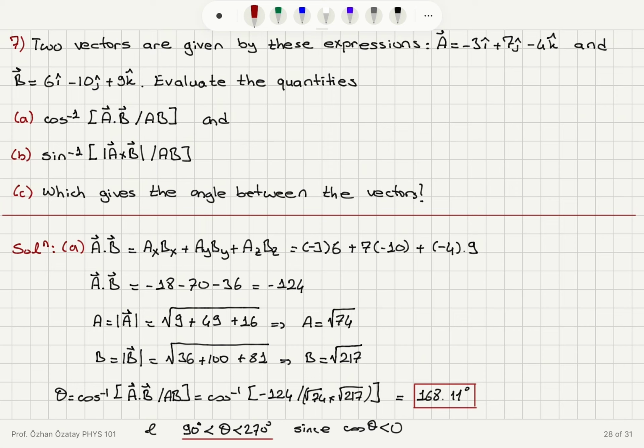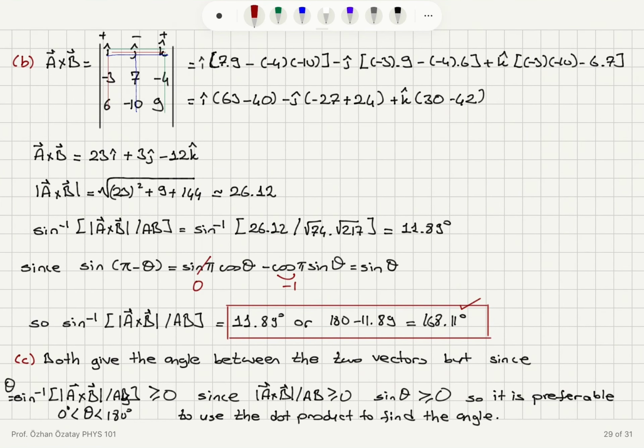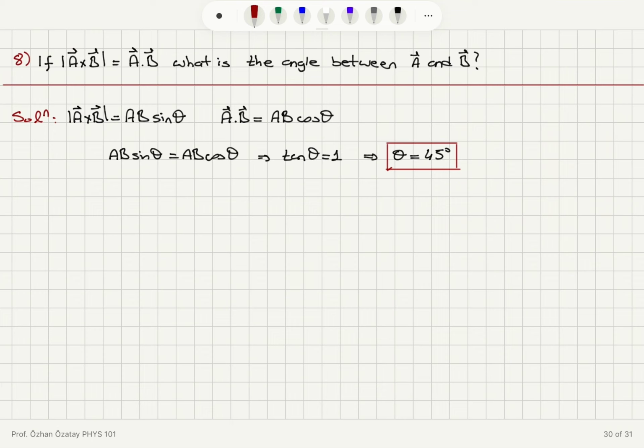But if you look at the dot product, you get a better idea about which angle to pick, since we have sine of pi minus theta equal to sine theta. So it's preferable to use the dot product, but they both give the angle between the two vectors. And also we have seen that if the cross product magnitude and dot product are the same, then we have a 45 degree angle between the two vectors.